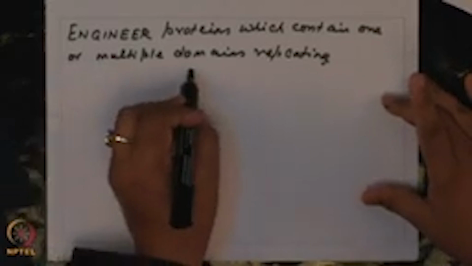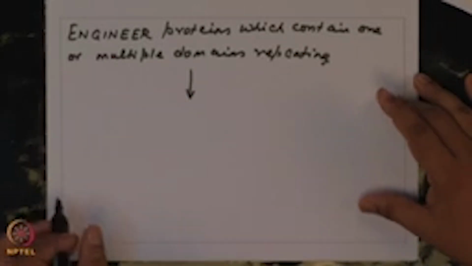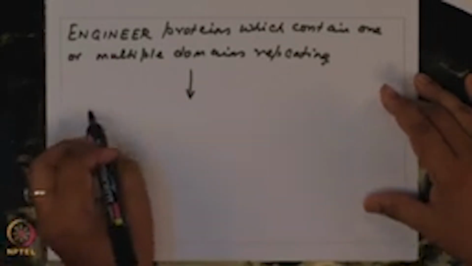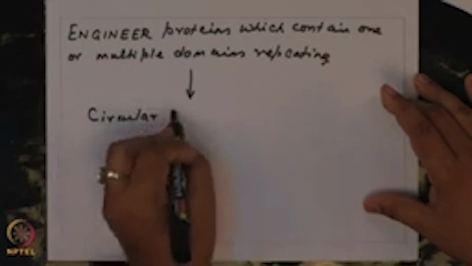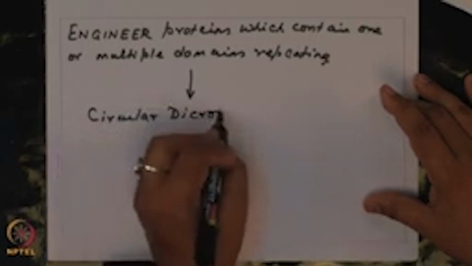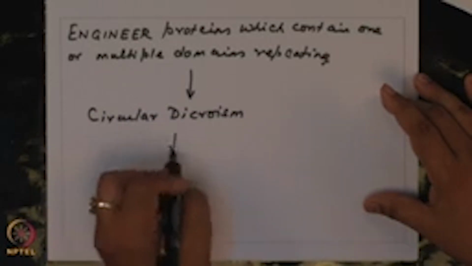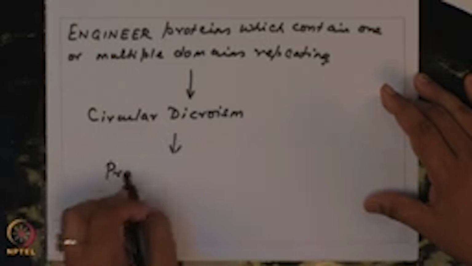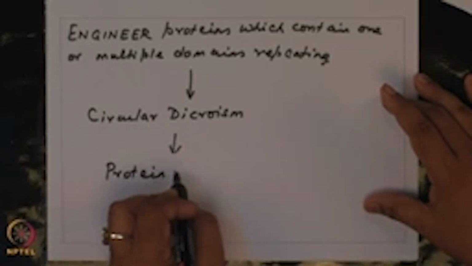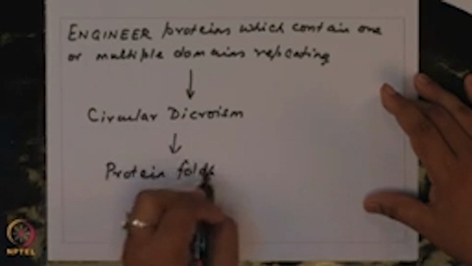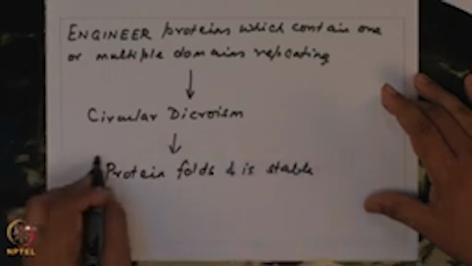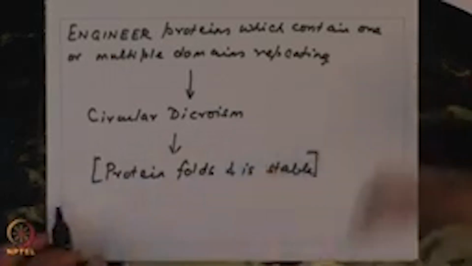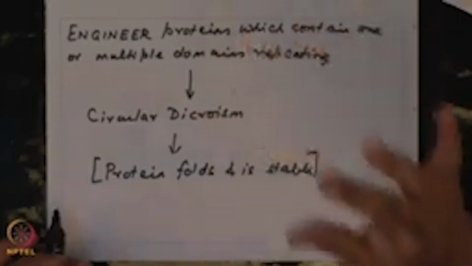One important step is, after you have made this polyprotein, you have to use circular dichroism and other techniques to make sure that the protein folds and is stable. You must check this before you do any AFM. You must check that the protein you engineered folds stably.